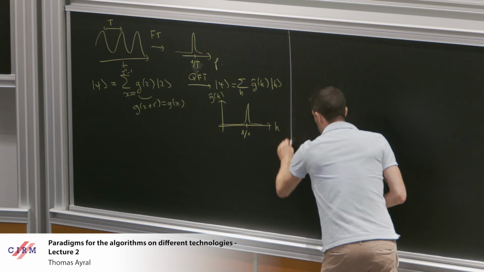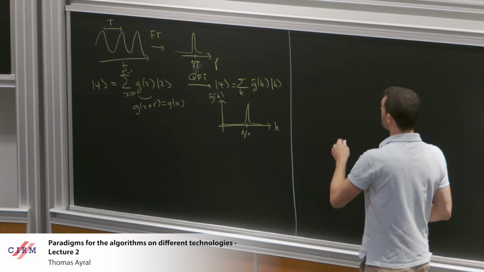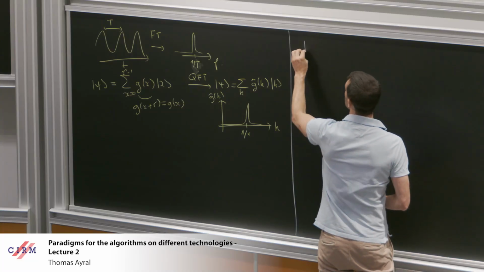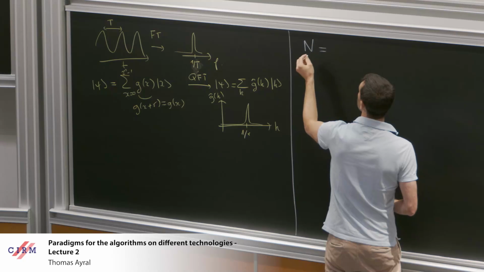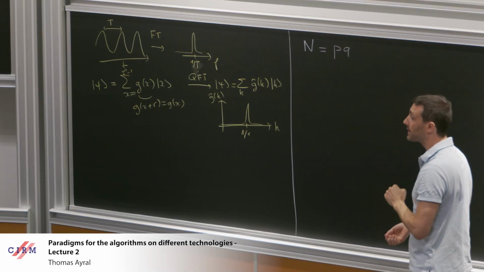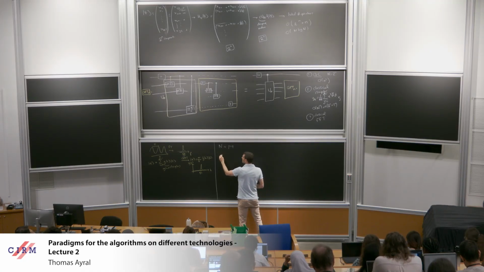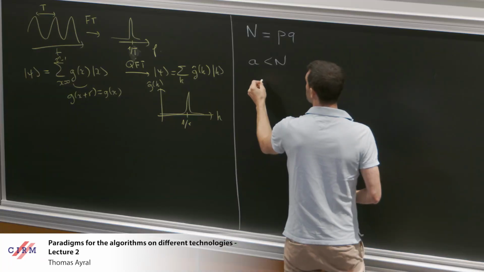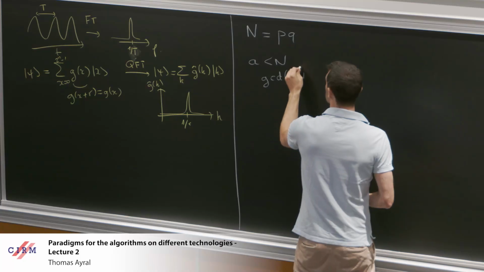So now, let's see why this can be used for factoring. I'm not going to work out the full theory, but the goal of factoring is to say you have an integer number big N that you want to factor as p times q, where p and q are integer numbers. And it turns out that if you find a number a smaller than n, which is co-prime with n, so GCD of a and n is 1.